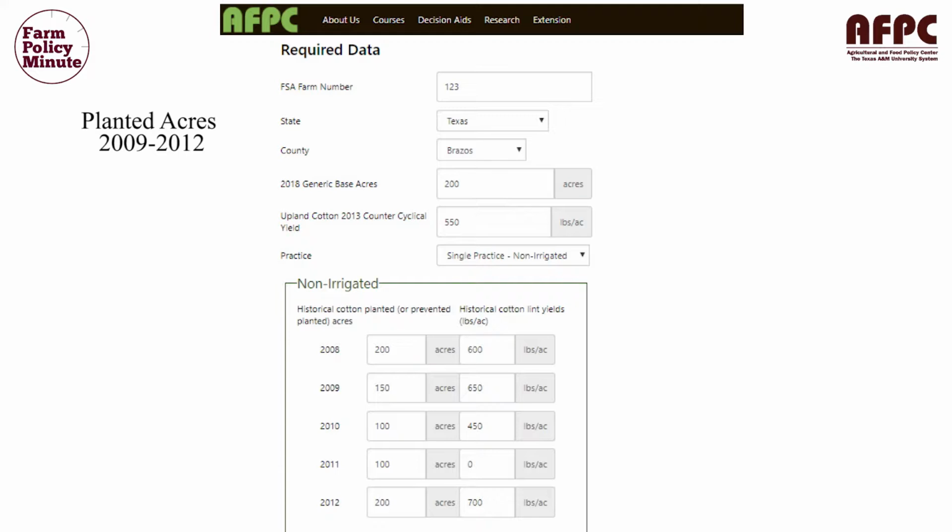And the second relevant time period is for the potential to update your yields, and that is 2008 to 2012. And you can see on this form, we go ahead and ask you for 2008 planted acres. It's not used anywhere. It's just for completeness, and we just left it out initially. We were getting a lot of questions about why we didn't have to provide that, so it was easier to put it in there.